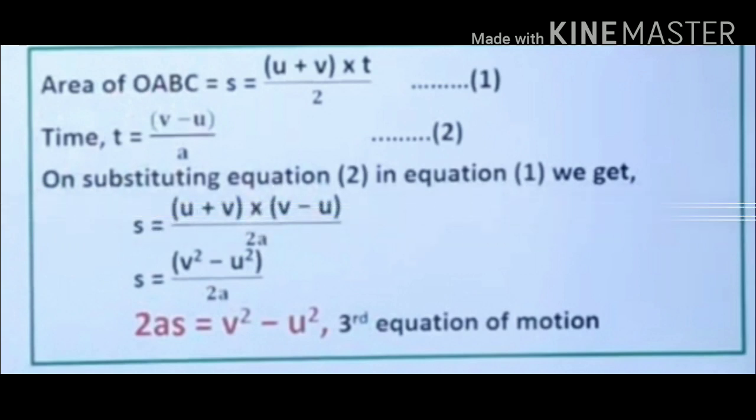These two are just like one of the expansion formulas that is studied in the 8th standard, that is a plus b in the first bracket, a minus b in the second bracket, and their expansion is a square minus b square. In the same way here, s is equal to v square minus u square upon 2a.